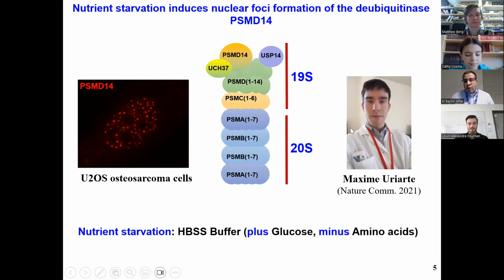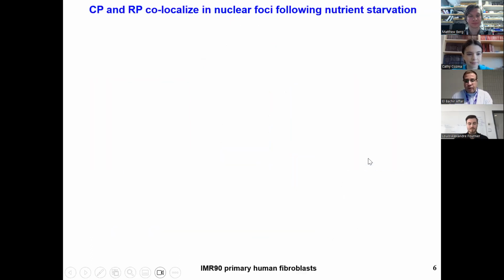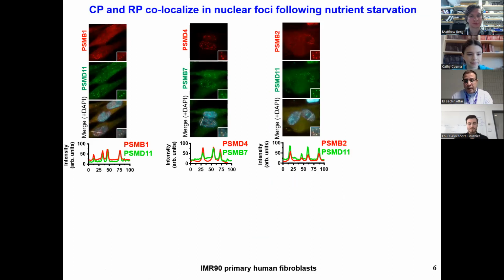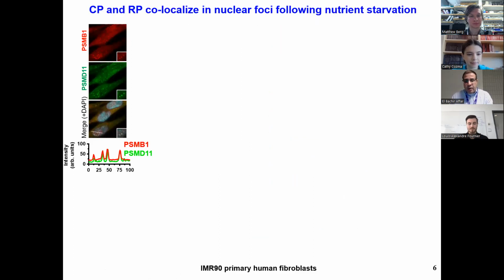So most of the work that I will display today has been done by Maxime Uriart, who recently finished his PhD and is looking for a postdoctoral position, and he did a really great job characterizing these proteasome foci. First of all, he wanted to know whether we actually have the full proteasome in these foci.